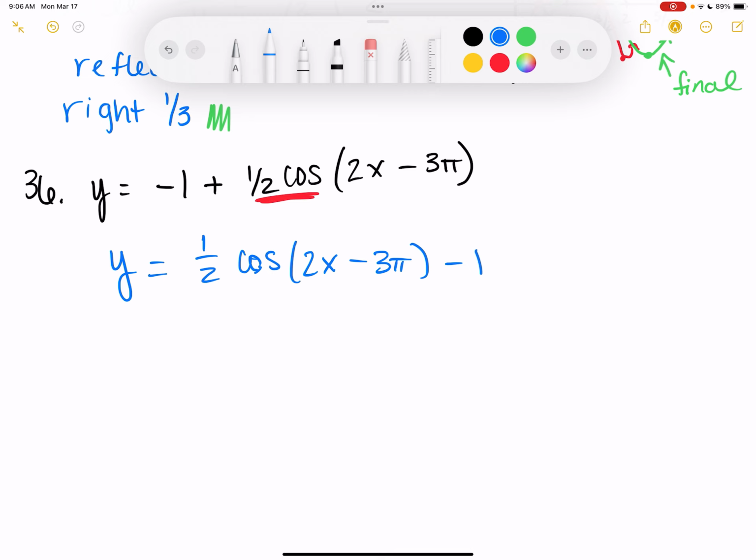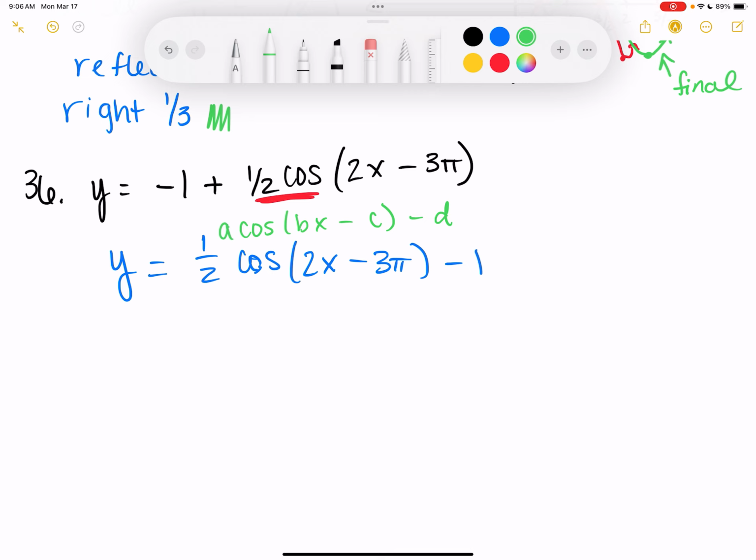So that now I'm in the form a cosine of bx, in this case it's minus c, minus d, so that it looks like what I'm used to, okay?